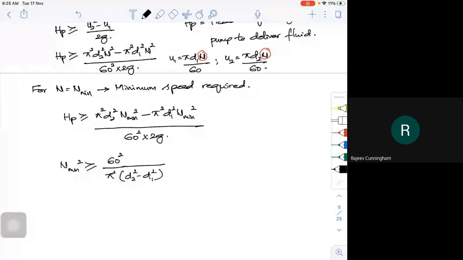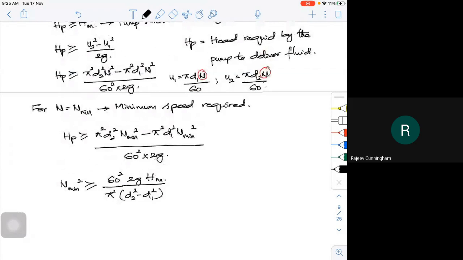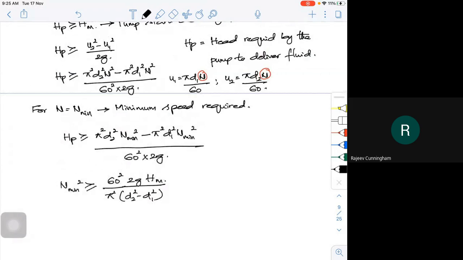So this should be my minimum starting speed. This should be greater than your HM.